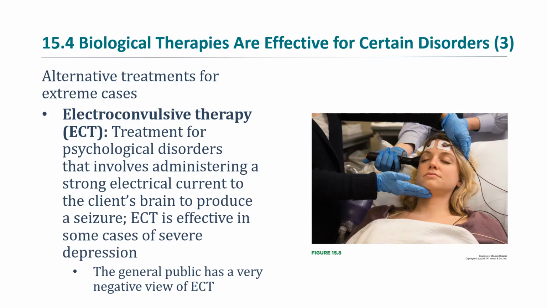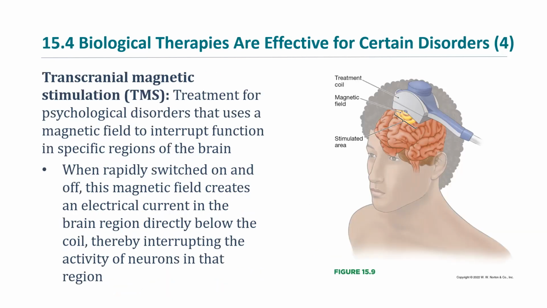Another alternative treatment is transcranial magnetic stimulation, or TMS. In this treatment, a device is placed over the head, which sends strong magnetic pulses through the skull to stimulate the cerebral cortex.